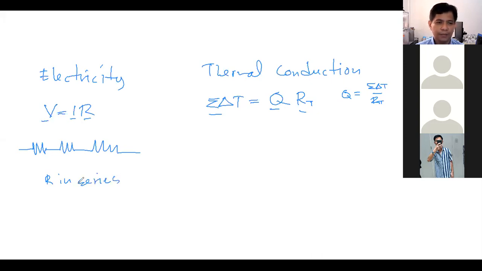Tandaan niyo pa to sa physics niyo. Halimbawa, this is R1, R2, R3. How do we get the total R in physics? Di ba, basically, R in series is the sum of R's. So R total is R1 plus R2 plus R3. Sum niyo lang yan.